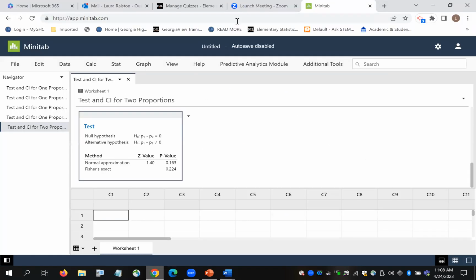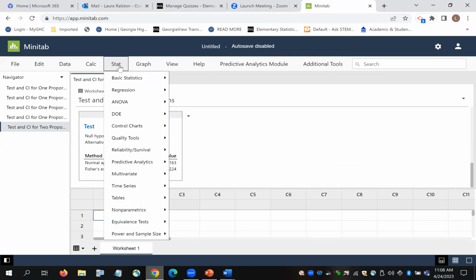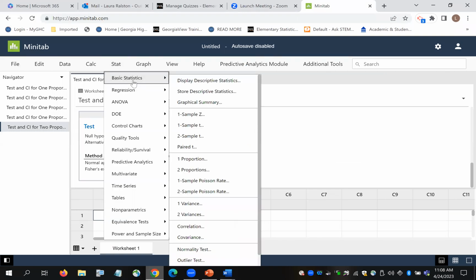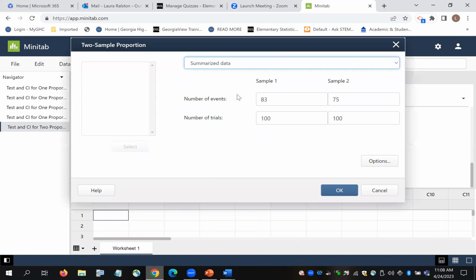Okay, so going over to Minitab, Stat, Basic Statistics, 2 proportions. Again, we have summarized data. Sample 1 is the private schools. They had 13 out of 200 say they had been bullied.